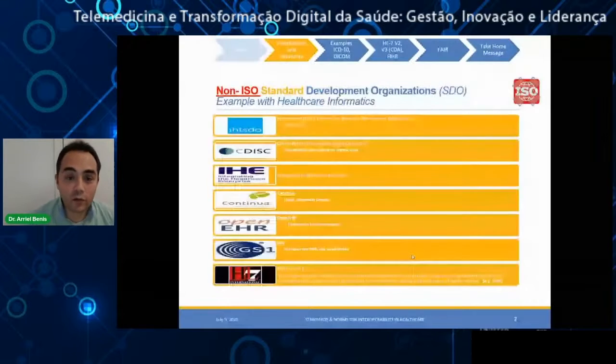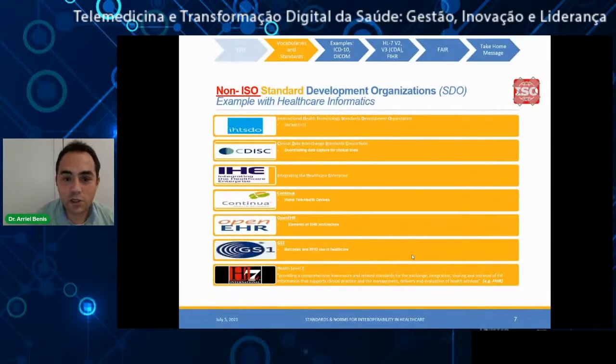When we look at organizations that are not regular standard organizations, we have organizations which focus on specific needs.